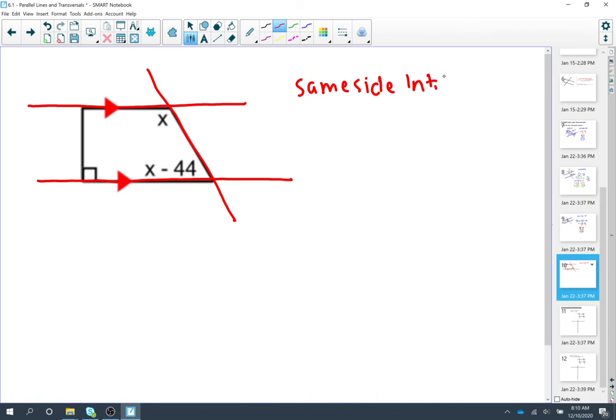And we know that same side interior are supplementary. So we can say x plus x minus 44 equals 180. Combine your x plus x, 2x minus 44 equals 180.